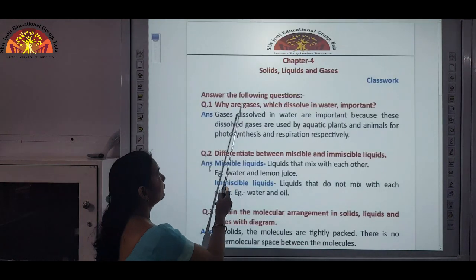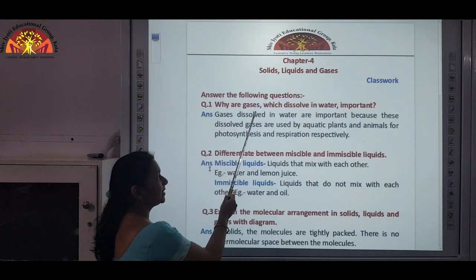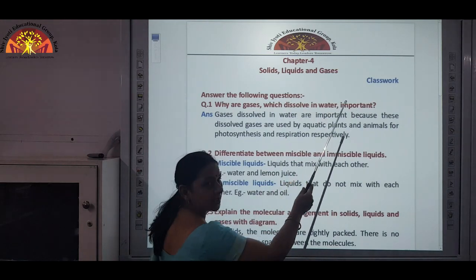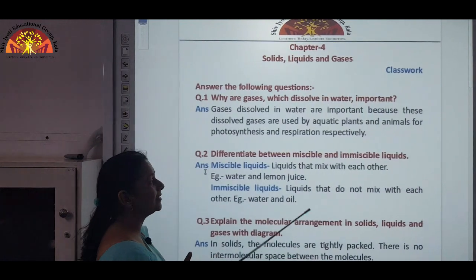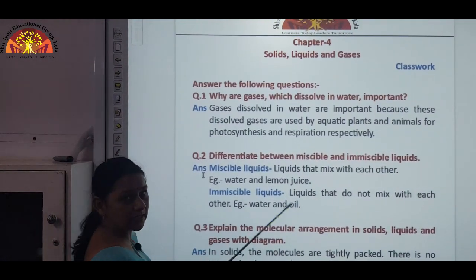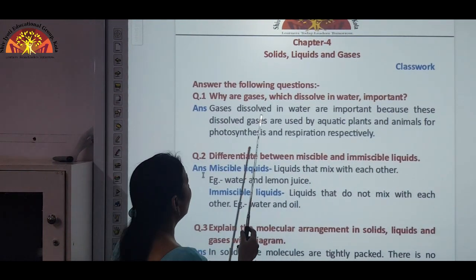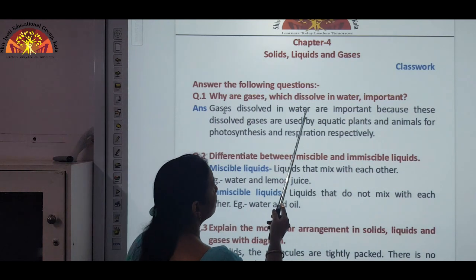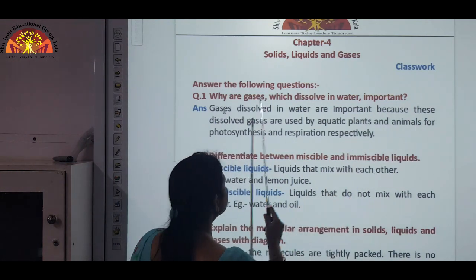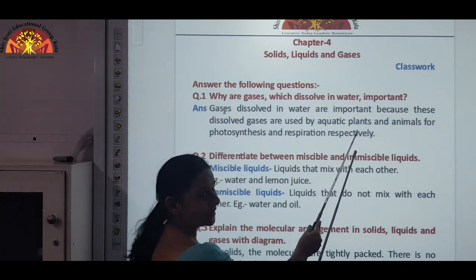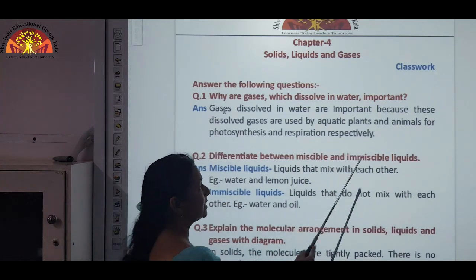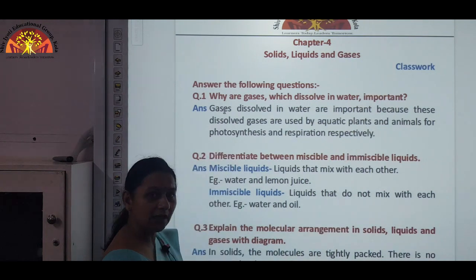In the copy work, we have the first question: why are gases which dissolve in water important? Gases which dissolve in water, like carbon dioxide and oxygen, why are they important? Because these are needed by aquatic plants and animals. Aquatic plants take in carbon dioxide and aquatic animals take in oxygen.